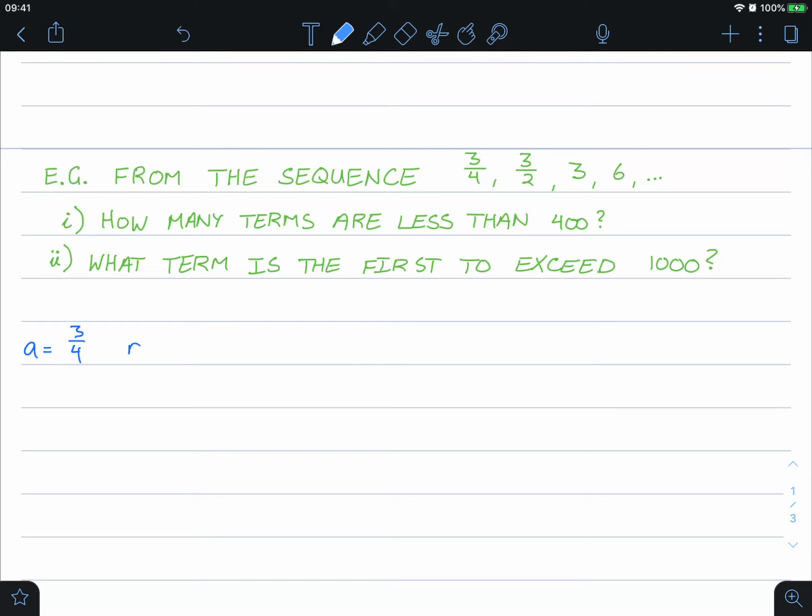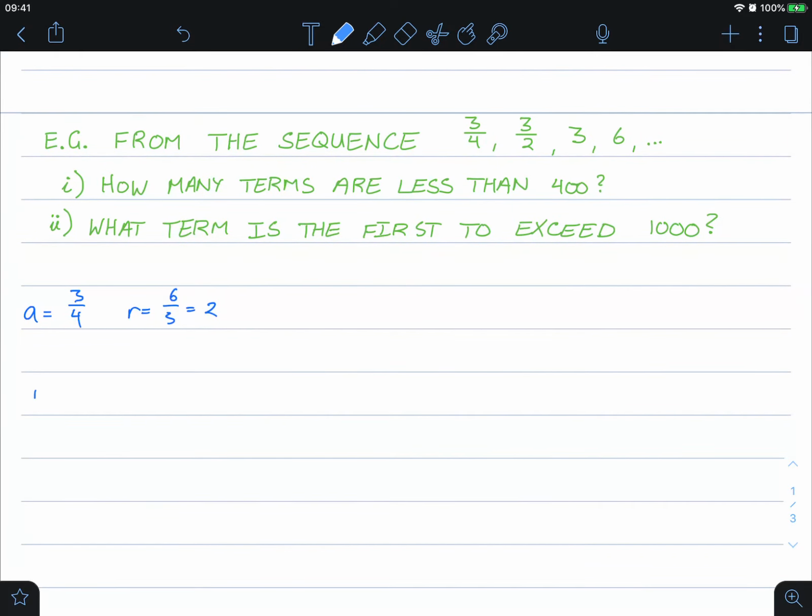And the common ratio we can find out. Since we know it's a geometric sequence, I'm just going to take 6 divided by 3. It's a lot easier. It's going to be 2. So Tn is equal to 3 over 4 times 2 to the power of n minus 1.